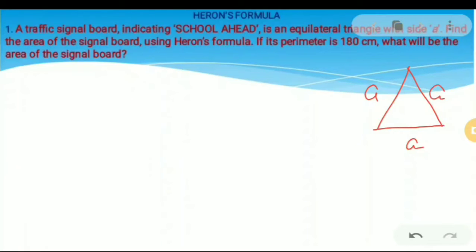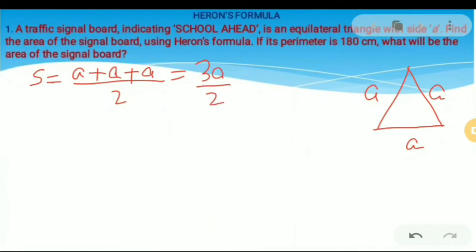Now we know that for finding the area by Heron's formula, first of all we find the semi-perimeter, that is s. Now s is the sum of all the sides divided by 2. So here the sides are a plus a plus a upon 2, so we will get 3a upon 2.